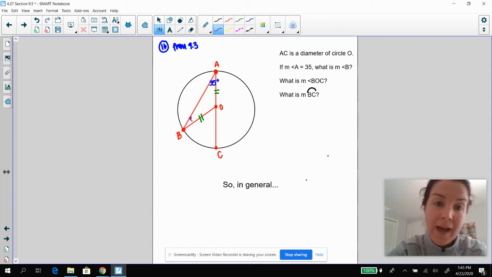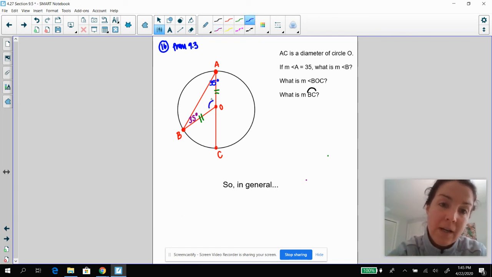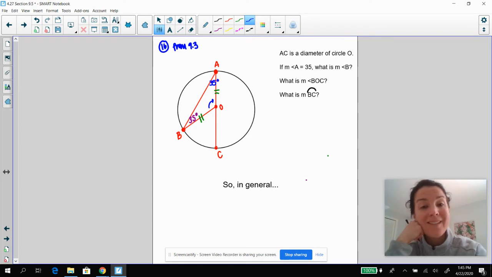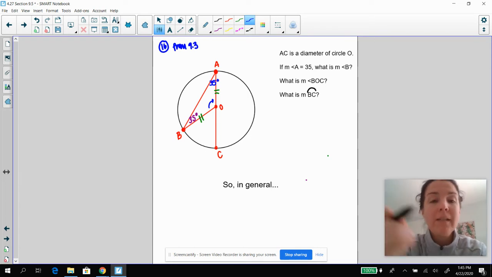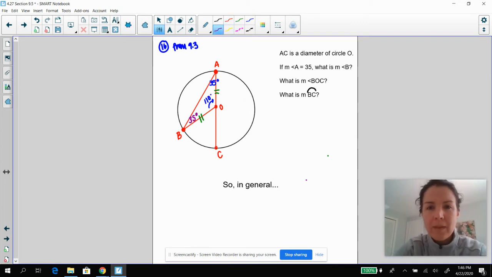So then if sides, then angles, this guy's also 35 degrees. Now, if I was looking for this leftover angle right here, well, 35 plus 35 is 70. And so 180 minus 70, yeah, 110, awesome. And then if I was interested in the measure of angle BOC, well, I see that 110 and BOC are supplementary. So this guy has to be 70 degrees.